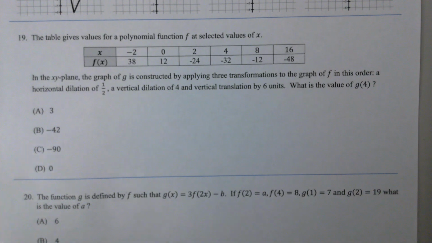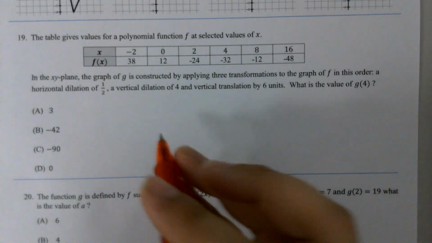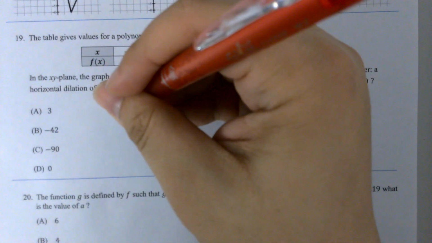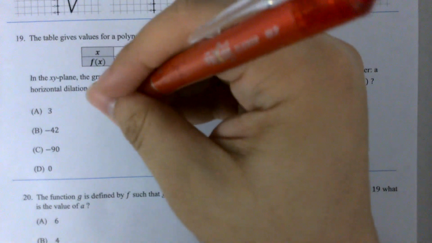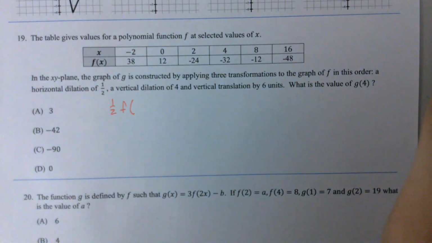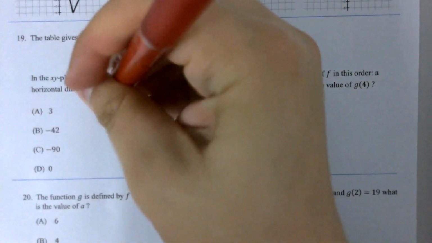Okay, let's look at number 19. Table of values for the polynomial function for selected values of x. So the graph of g is constructed by applying three transformations of the graph in this order. So a horizontal dilation of 1/2. So we start with f and horizontal dilation.